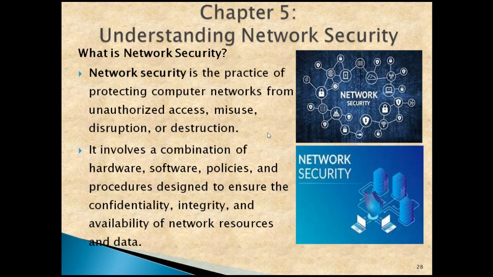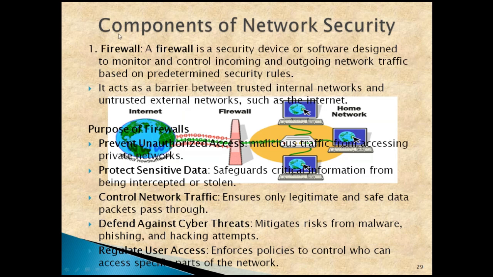Now, components of network security. What are the things that can be used to protect networks? The first one is the firewall. The firewall is a security device or software designed to monitor and control incoming and outgoing network traffic based on predetermined security rules. What does that mean?